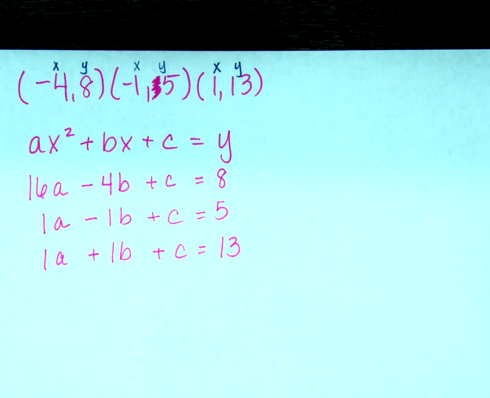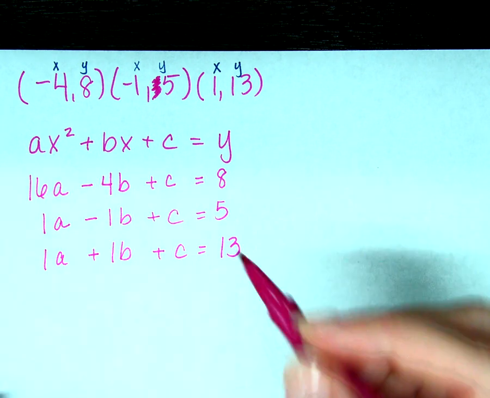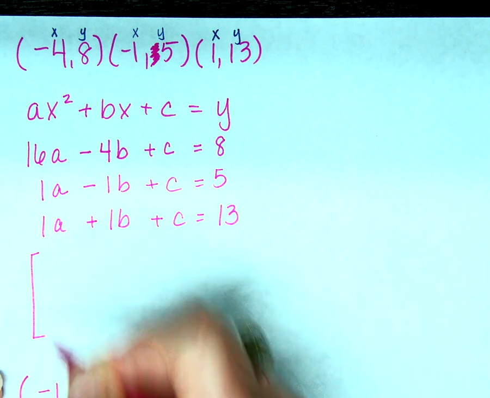This is starting to look familiar. That's a system of equations which we can solve with a matrix. Oh my gosh. I'm really very glad and very proud of you for recognizing that. Okay? So what does my matrix look like actually then?